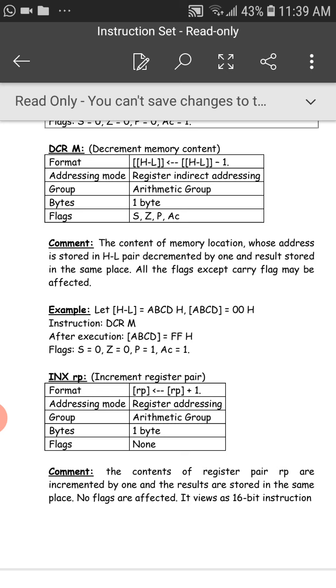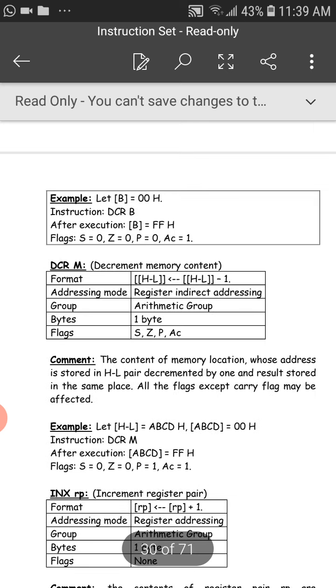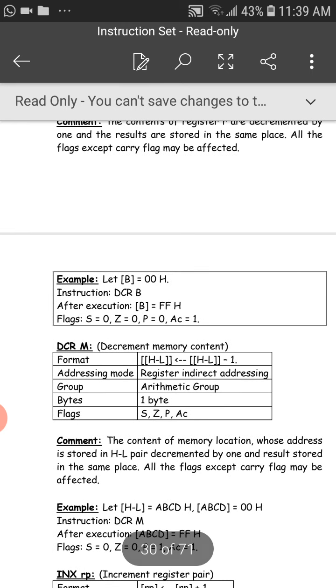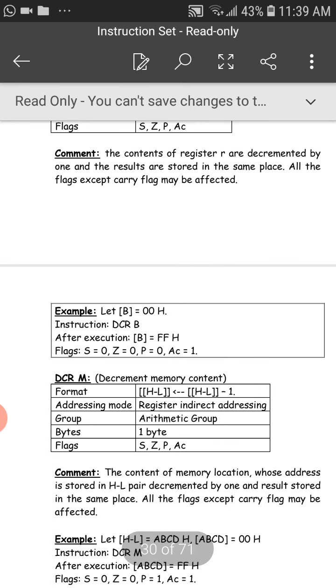Your memory contains 00H and after execution it will be FFH, and according to it flags are set or reset. So these are some arithmetic instructions. In the next lecture we will see the remaining arithmetic instructions in detail.